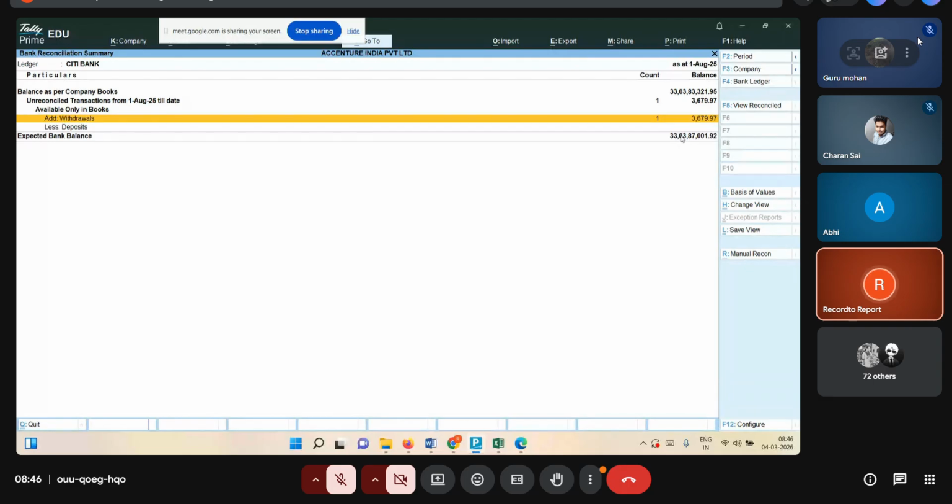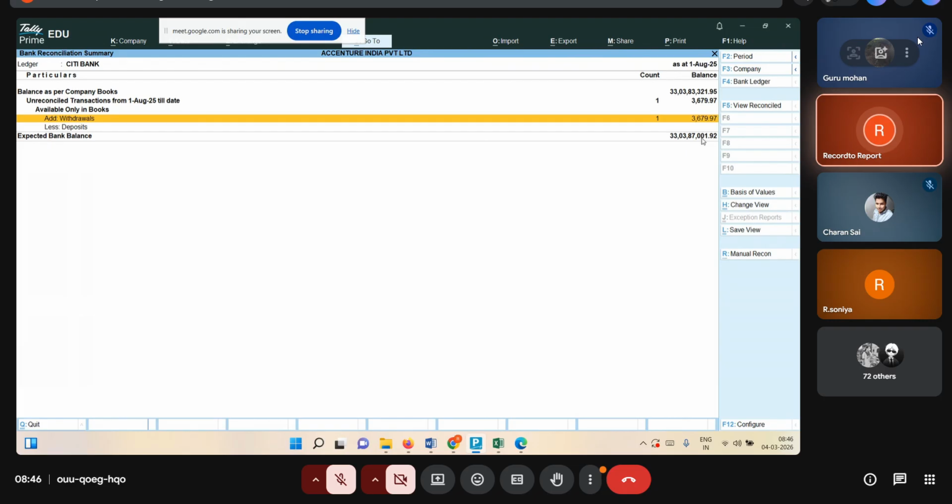330,383,321.925. So there is a difference of this particular transaction. Why? Because the transaction is not there in the bank, but it has been recorded in the GL. So that's the reason the bank balance is showing more, guys. It has been recorded in the GL, but it has not been deducted in the bank statement.